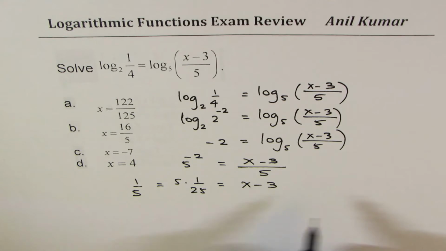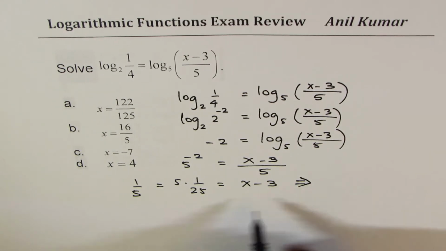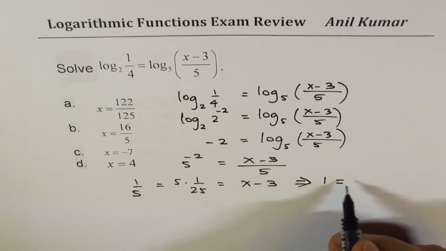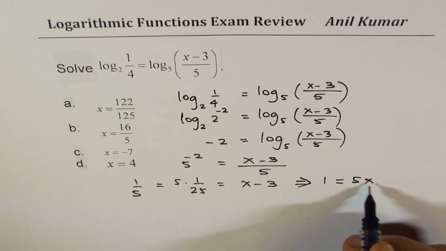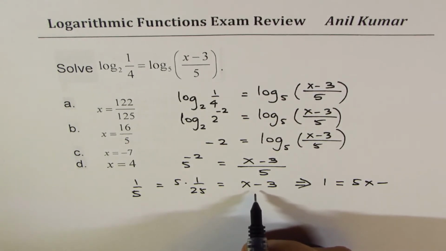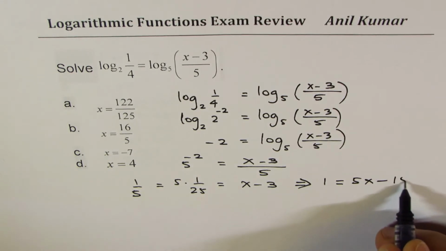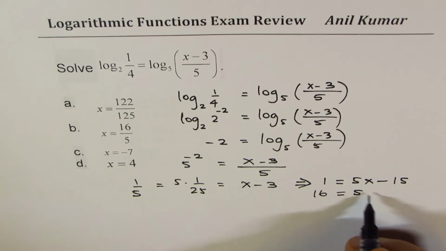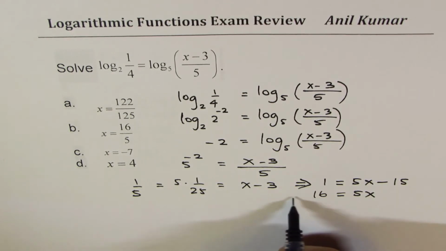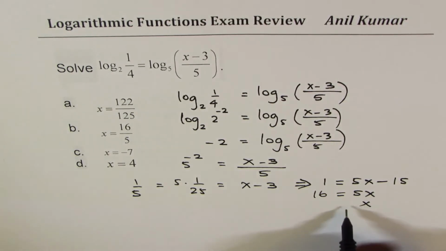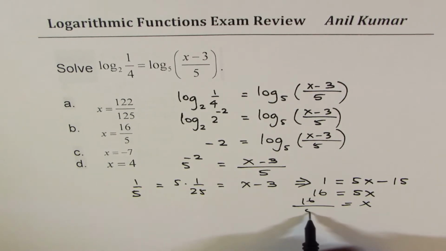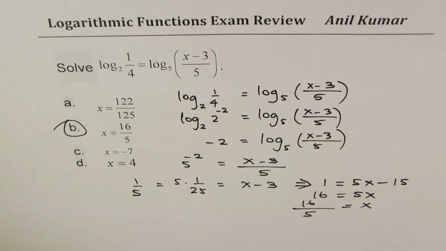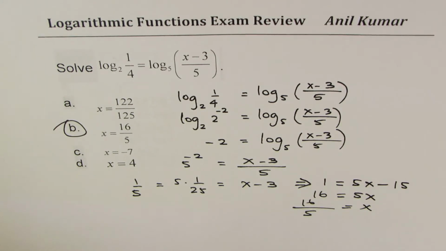Now I'll cross multiply, which implies that 1 is equal to 5x minus 15, right? Now I'll take it on that side, so it becomes 16 equals 5x, and that gives me that x is equal to 16 over 5. So 16 over 5 is option B for us. So that is how we can actually solve it.